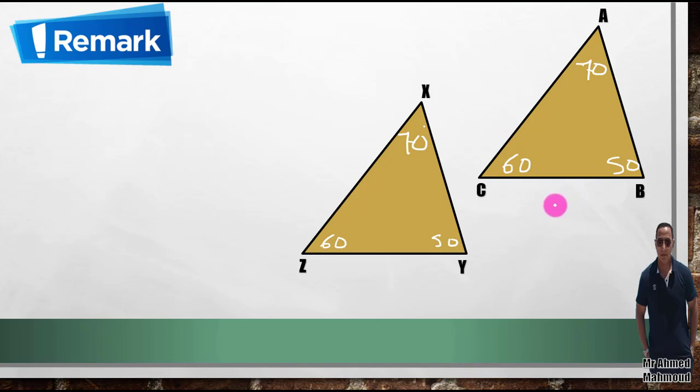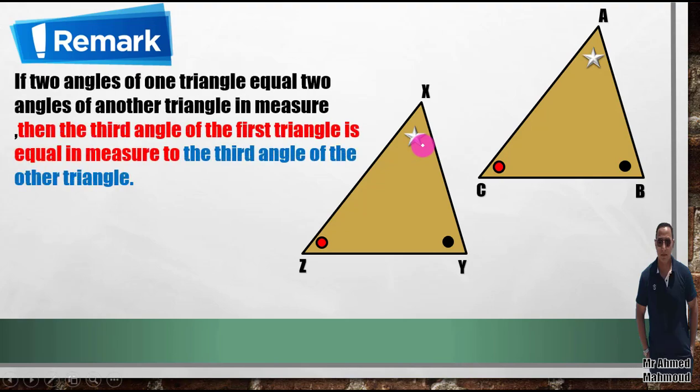So if two angles in a triangle equal two angles in another triangle, the third equals the third. Again, if angle B equal to Y and angle C equal to Z, so angle A equal to angle X. The rule says: if two angles in one triangle equal two angles in another triangle in measure, then the third angle of the first triangle, which is A, equal in measure to the third angle in the other triangle.